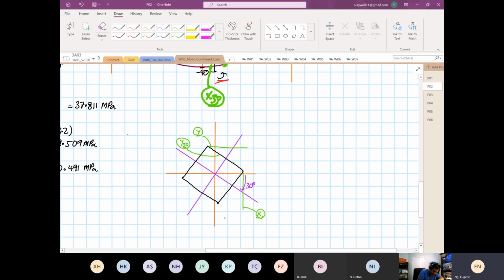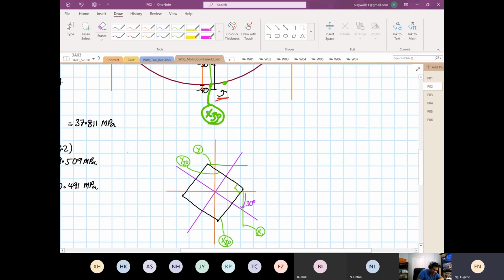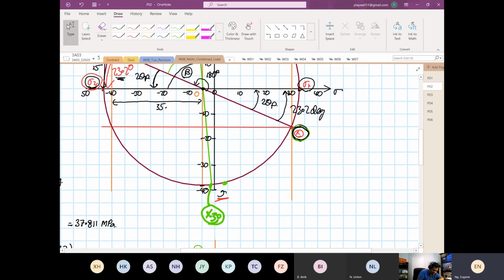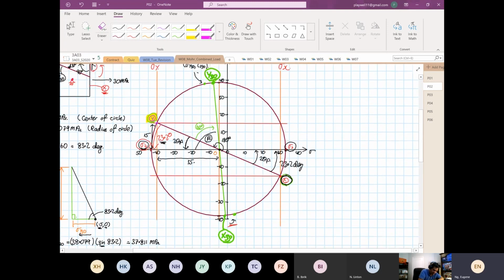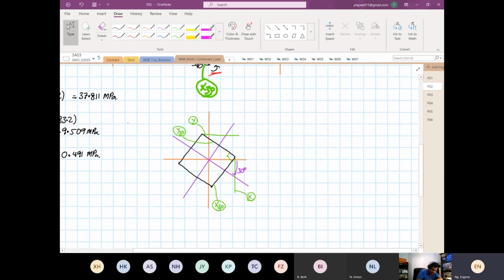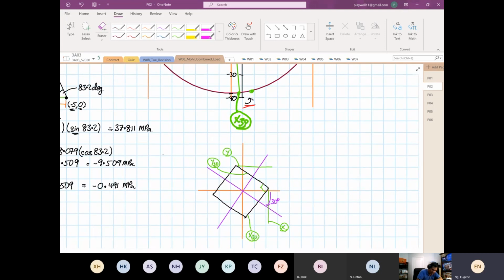And now this is our what? X30, right? So you note Y30 to X30 is 90 degrees. That is why, if you look at the Mohr circle, Y30 and X30 is what? 180 degrees, okay?